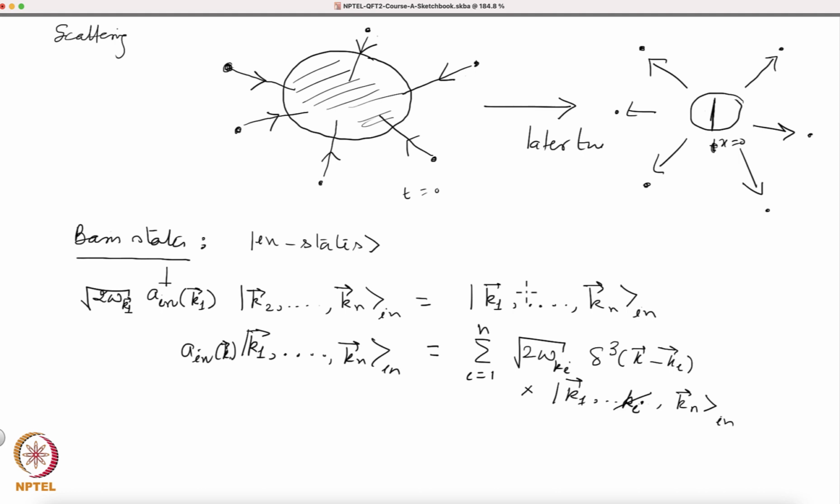See, the thing is that at t equal to 0, if you are thinking in terms of the Schrödinger picture, then at t equal to 0 we are looking at some states, or if you are looking at the Heisenberg picture, you can take the states at t equal to 0 as the states in the Heisenberg picture.